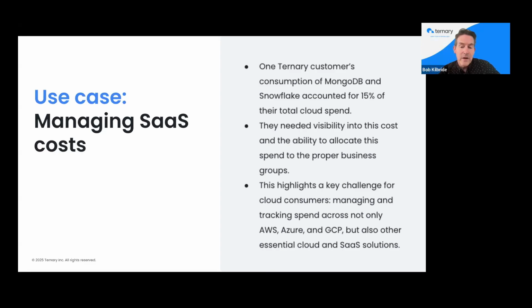So in every environment now, it's not just their CSP cost and usage. They're looking to bring in various SaaS applications as well. And like we said, it creates a tremendous opportunity for MSPs to expand the scope of your services and your relationship with that client.